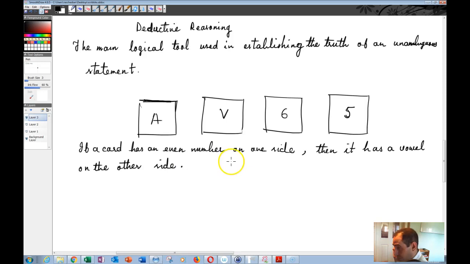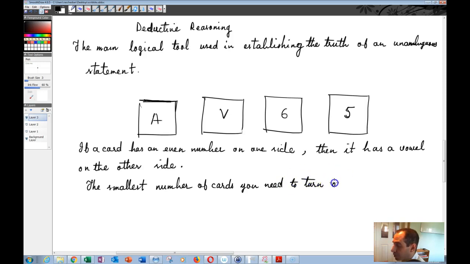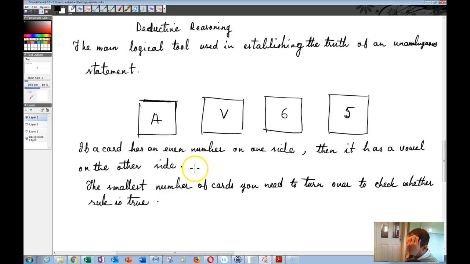Okay, so now what is the smallest number of cards you need to turn over to check whether the rule is true, meaning that you have the same rule that has been stated over here among these cards?